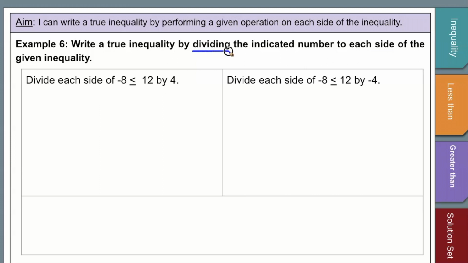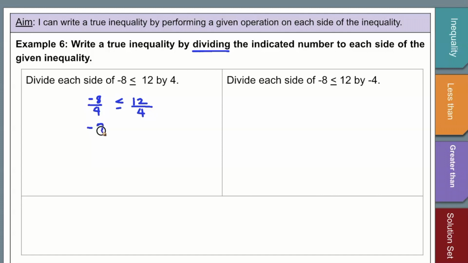Write a true inequality by dividing the indicated number to each side of the given inequality. Since division is related to multiplication, it would seem that the division properties of inequalities would be the same as those for multiplication. So let's divide each side of negative 8 less than or equal to 12 by positive 4. This should give us negative 2 and 3. What is the relationship between negative 2 and 3?